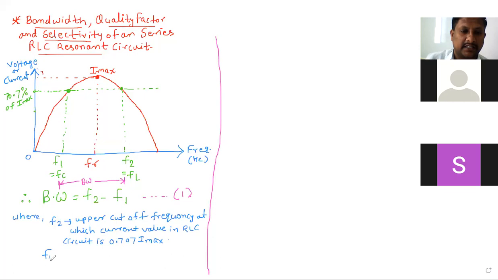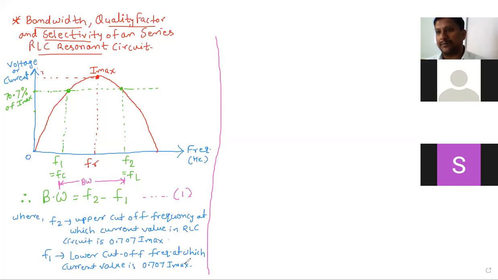And f1 is the lower cutoff frequency, at which current value is 0.707 into I max. Okay, that is 70.7%, that is 70.7 divided by 100, that is 0.707. So these are the two cutoff frequencies.